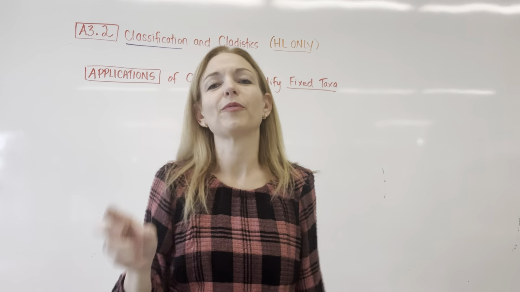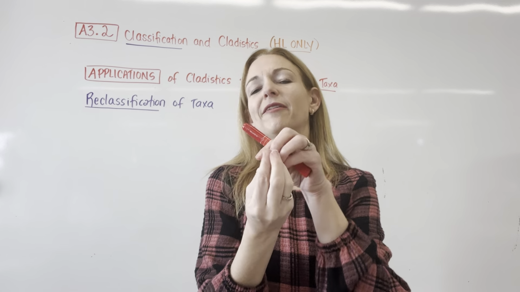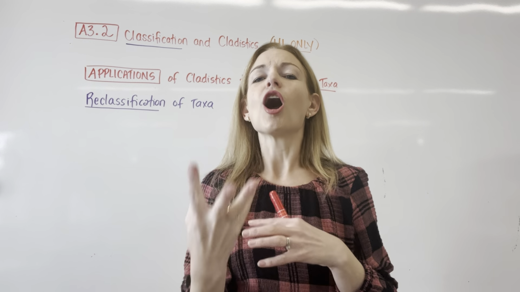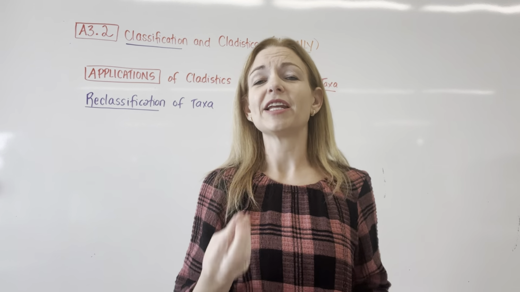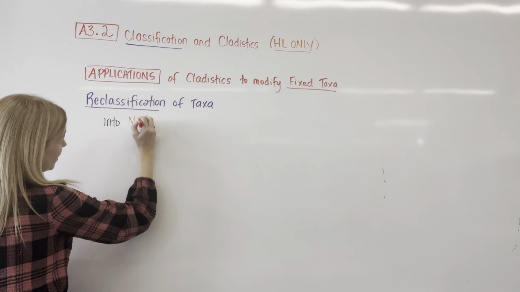So we're still going to use genus, family, classes, and orders, but we're going to make sure that organisms that we have now put into a genus are in fact also a clade. We're going to check that that holds up. So we're basically going to reclassify taxa into what are called monophyletic groups, which is basically another way of saying clades.